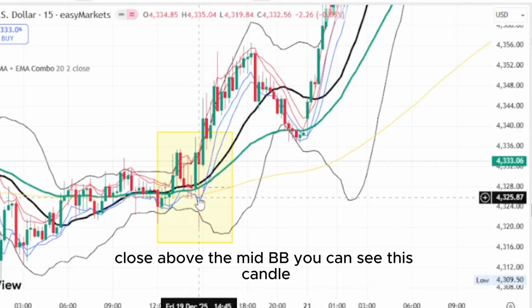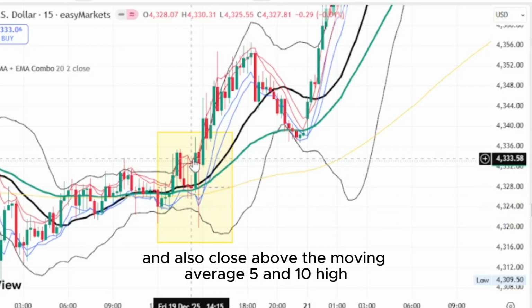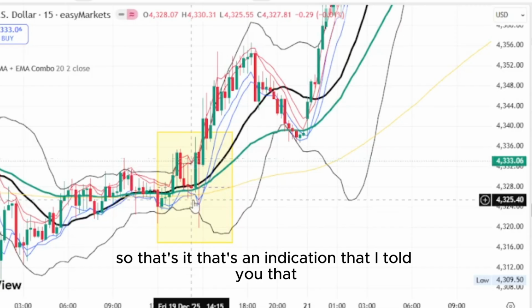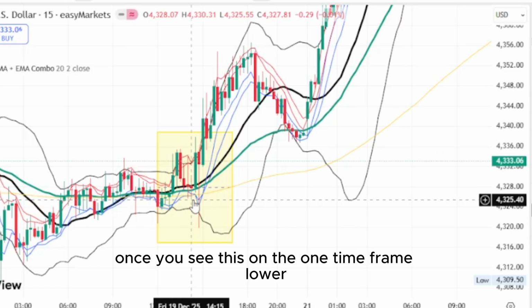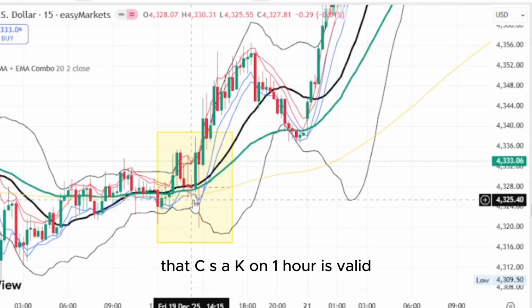You can see these candles, they all close above the mid BB, and also close above the moving average 5 and 10 high. So that's it. That's an indication that I told you that once that happened, that CSAK on that 1 hour is valid. Once you see this on one time frame lower, that CSAK on 1 hour is very, very valid.